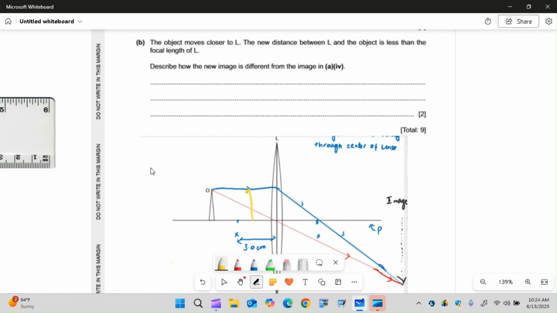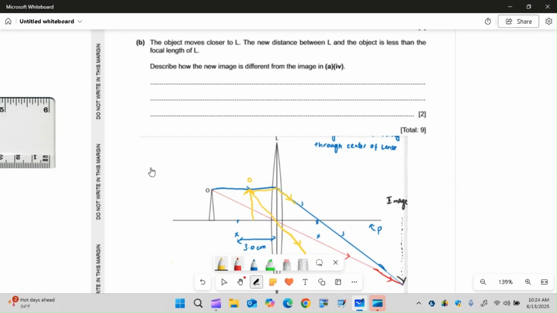Now describe the new image. If I draw the same two rays, the first ray is this, the second ray that passes through the optical center is this. This is ray 2, this is ray 1.